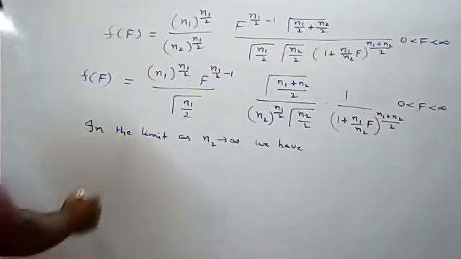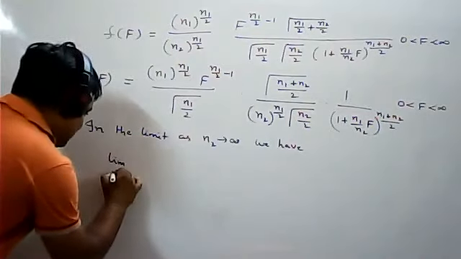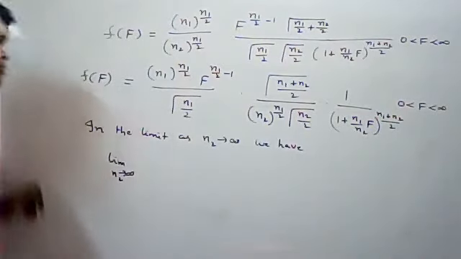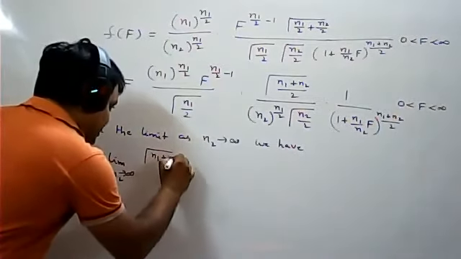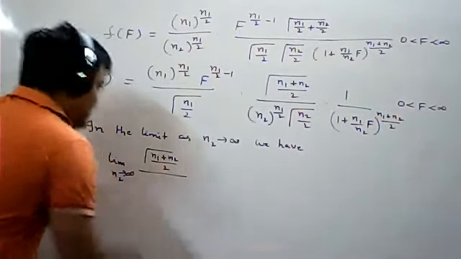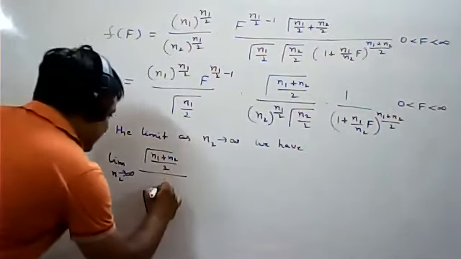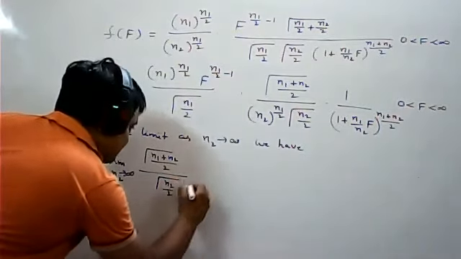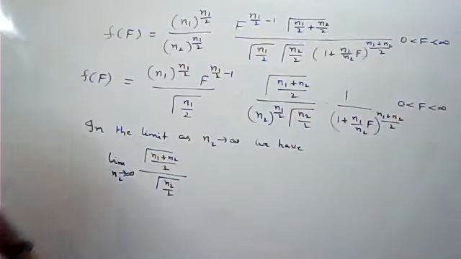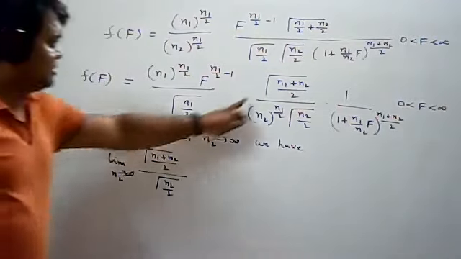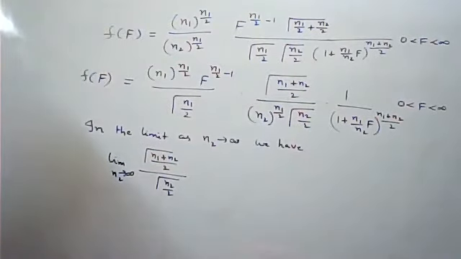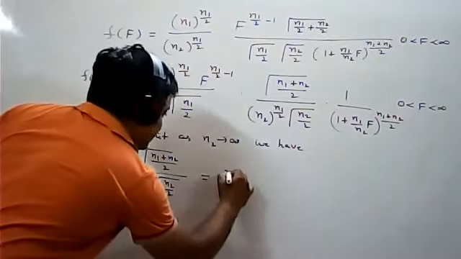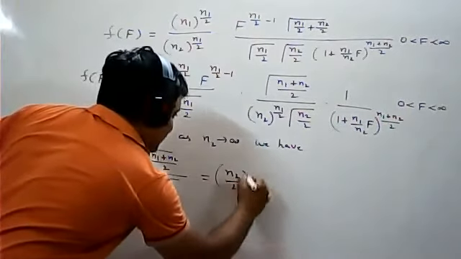The first formula is limit n2 tends to infinity of gamma n1 plus n2 by 2 divided by gamma n2 by 2. The limit as n2 tends to infinity, this term divided by this term, is nothing but n2 by 2 whole power n1 by 2.